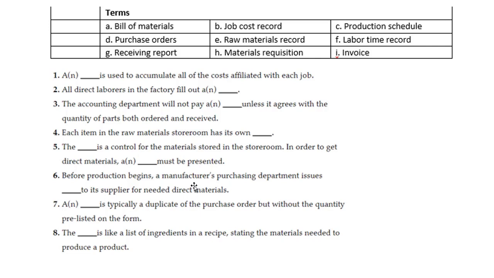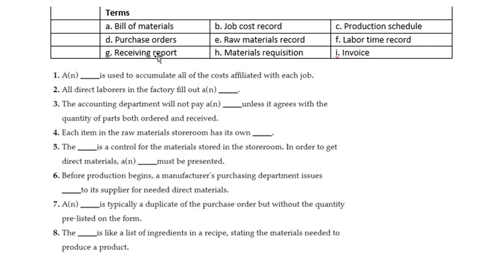Before production begins, a manufacturer's purchasing issues a, D, purchase order to the supplier for needed direct materials. And something is typically a duplicate of the purchase order but without the quantity listed on the form, and that would be the receiving report.